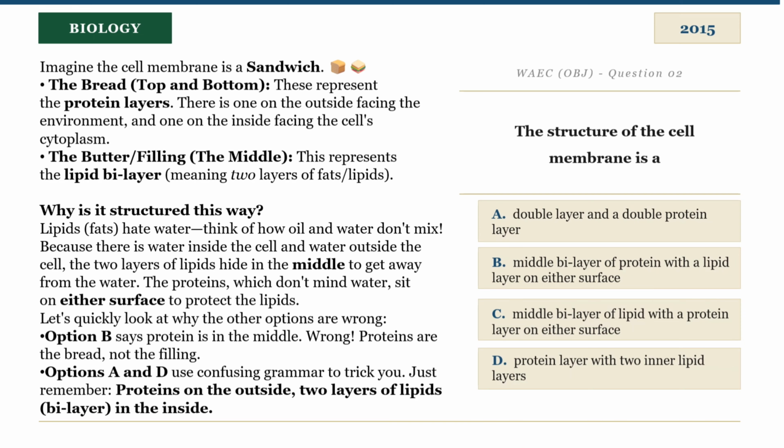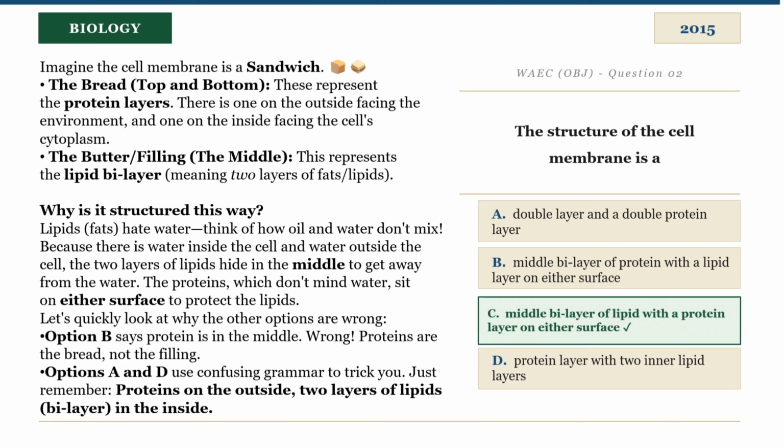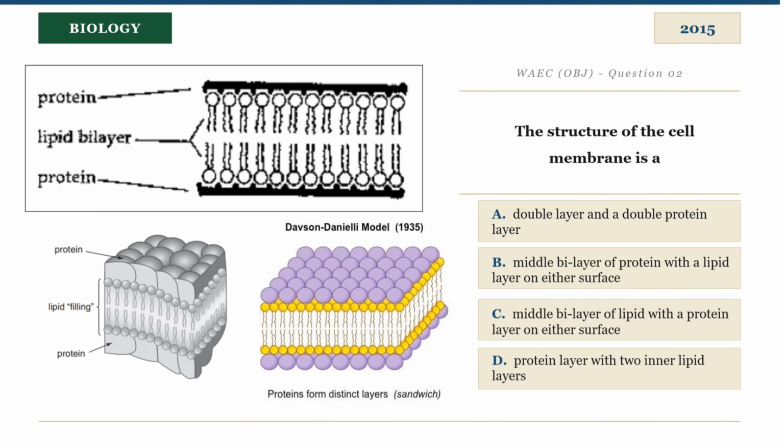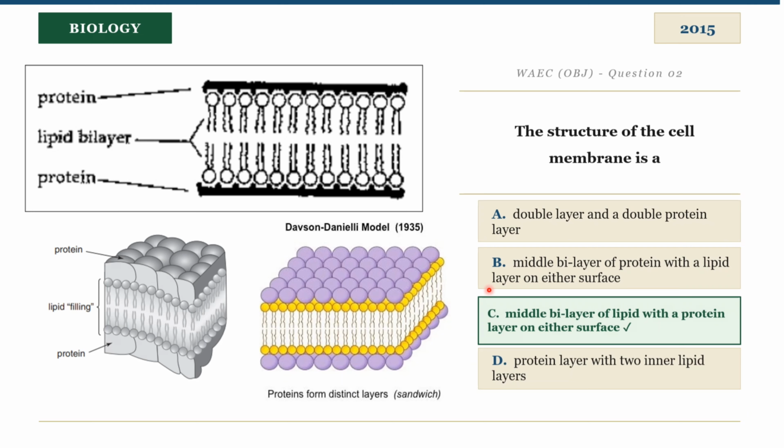So we can see some visual representation of this. Now this is a visual example of this. So now the proteins, which are at the top on either surface, are the hydrophilic layers.